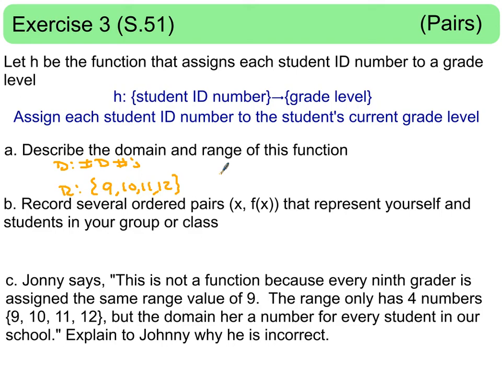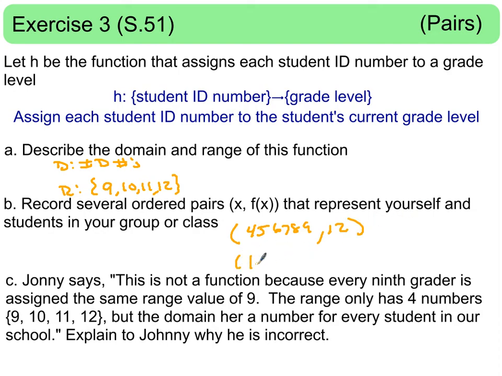So in part B, they just say record several ordered pairs x, f of x that represents yourself and students in your group or class. So you would have an opportunity to pick certain things. Just as an example, one ID number might be 456789, and that person might be assigned to the 12th grade.